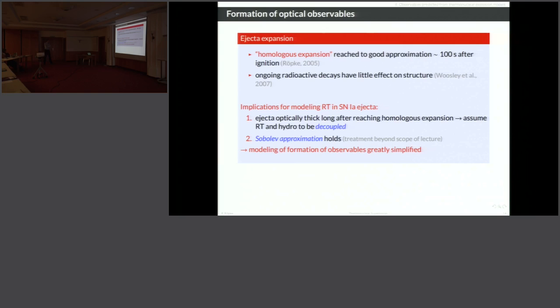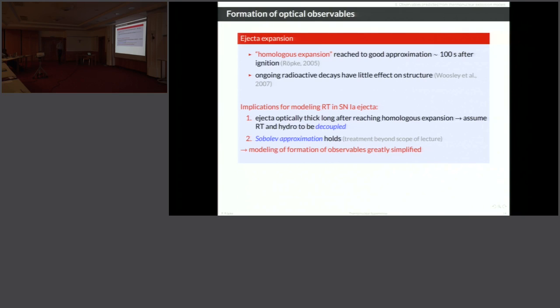Now this has important implications for the modeling of the radiation transfer in supernova ejecta. The first fact is that the ejecta will be optically thick to very long after reaching these 100 seconds, this homologous expansion phase. They will be optically thick for days or so. So therefore, at the time when you are interested in doing radiation transfer calculations to compute observable spectra, the ejecta will be in homologous expansion, and therefore it is actually safe to assume that radiation transfer and hydro have decoupled.